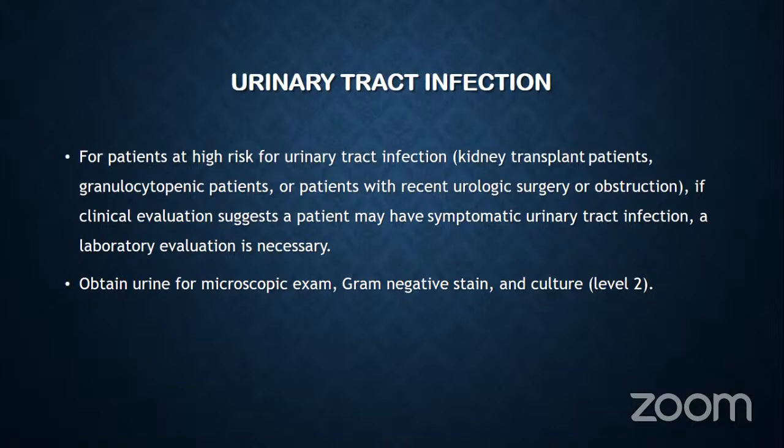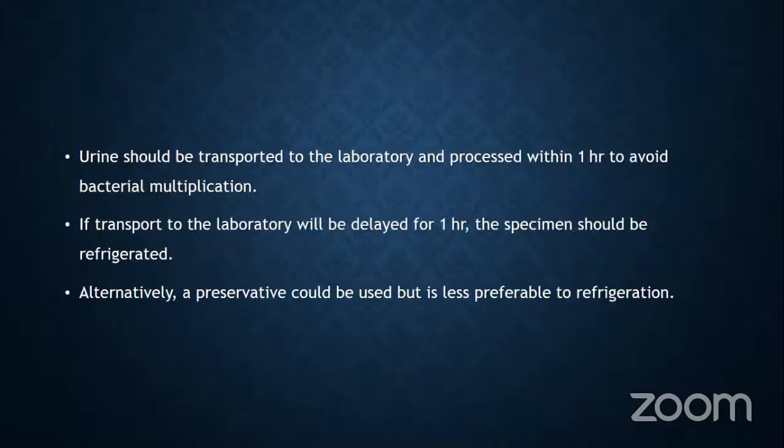Obtain urine for microscopic examination, gram stain and cultures. Urine should be transported to the laboratory and processed within 1 hour to avoid bacterial multiplication. If transport to the laboratory will be delayed beyond 1 hour, the specimen should be refrigerated. Alternatively, a preservative could be used, but this is less preferable to refrigeration.